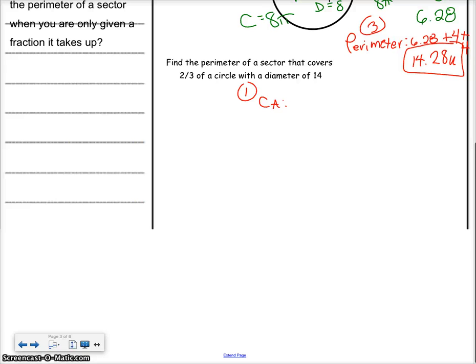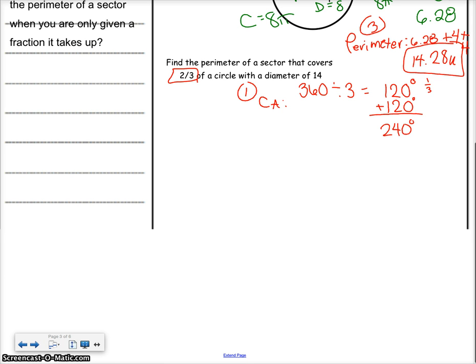Because 360 is divisible by 3. So if I do 360 divided by 3, that means each third is 120 degrees. 1/3 is 120 degrees. I have 2/3. So I have to have another 120 degrees. For a grand total of 240 degrees as my central angle.